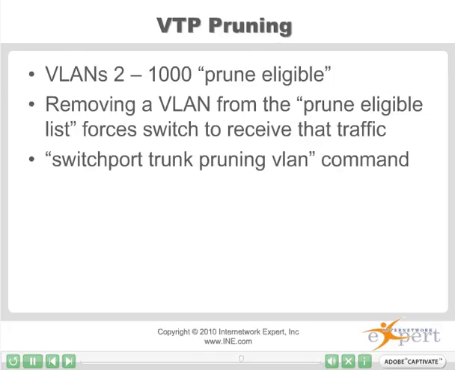What if you don't want this automatic suppression of traffic feature for some certain VLAN? Well, you can go ahead and remove that VLAN from what is known as the prune eligible list. The command that you're going to use is switchport trunk pruning vlan, and that will control which VLANs this pruning behavior will actually operate for.